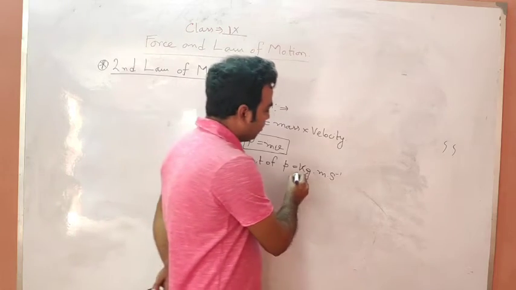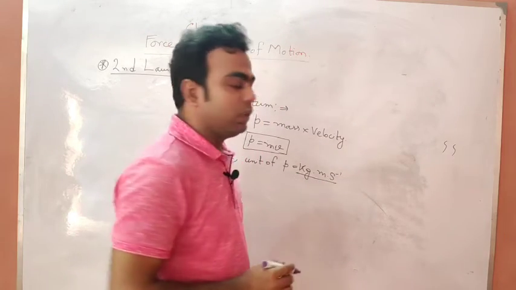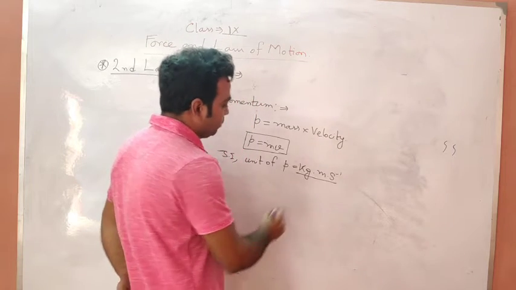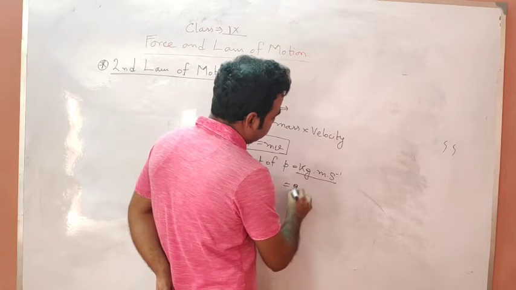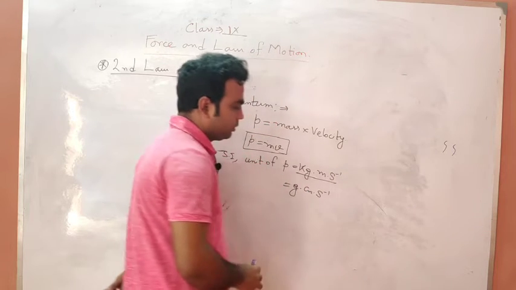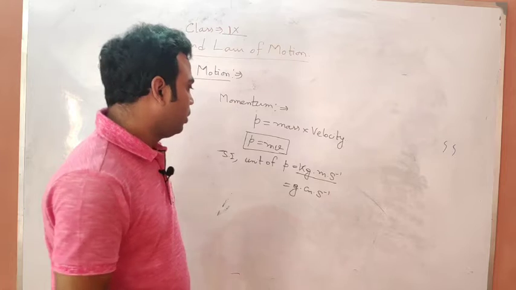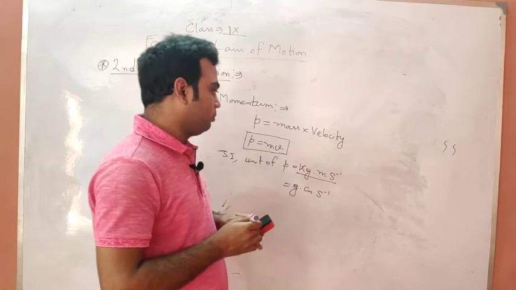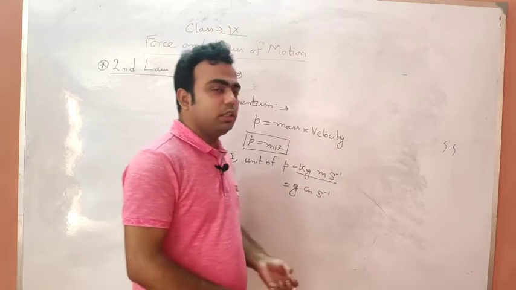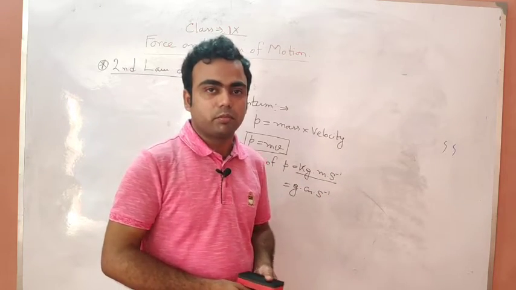So kg m s^-1 is the SI unit of momentum. If you go to the CGS unit, then we get g cm s^-1. This is the formula to find the momentum, and this is the unit of momentum.